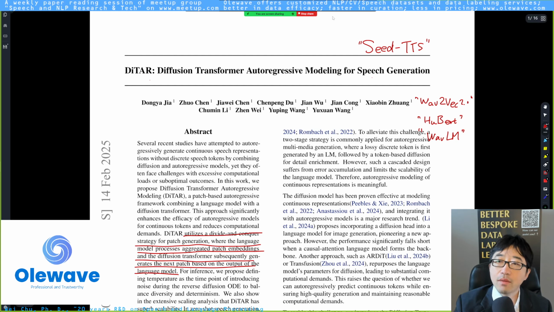And usually when they use these models, the purpose is speech recognition, speech translation, or speaker identification, these types of regression-based tasks. It's not for generation tasks. They're not using that for text-to-speech synthesis.